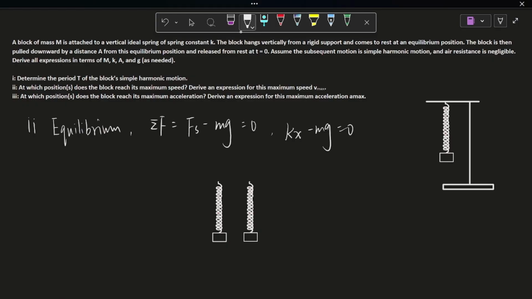So we can solve for x. Now, after we know the reason behind the oscillation and why the object will reach its maximum speed at its equilibrium position, let's try to solve it.